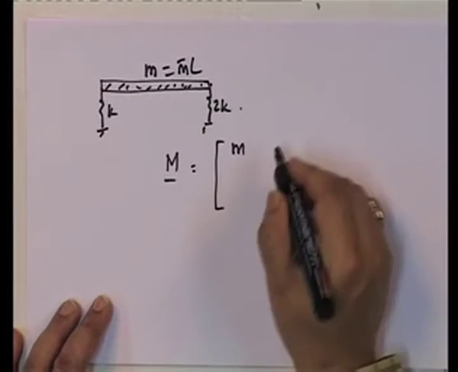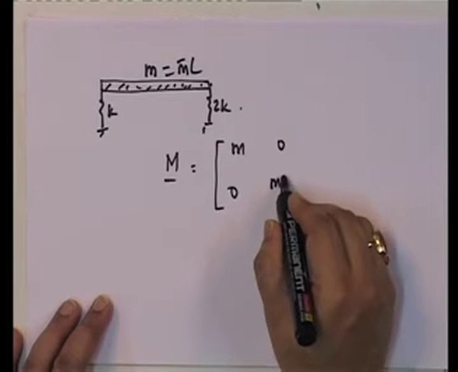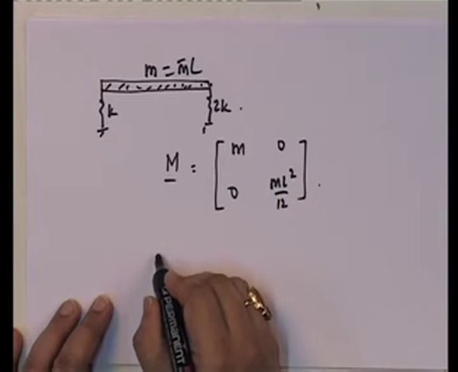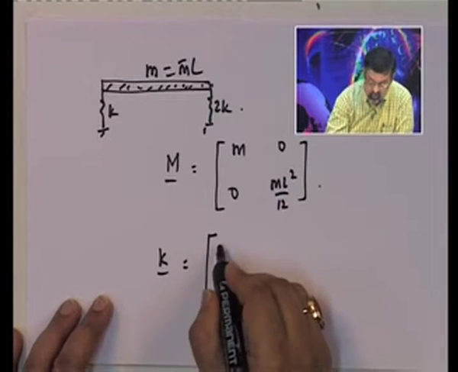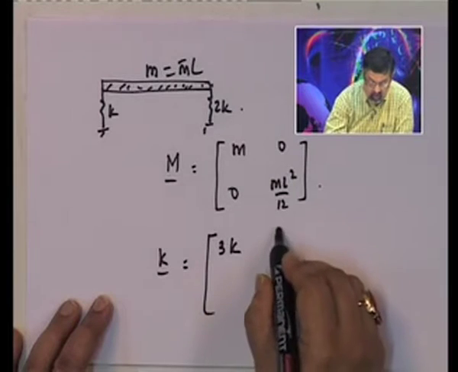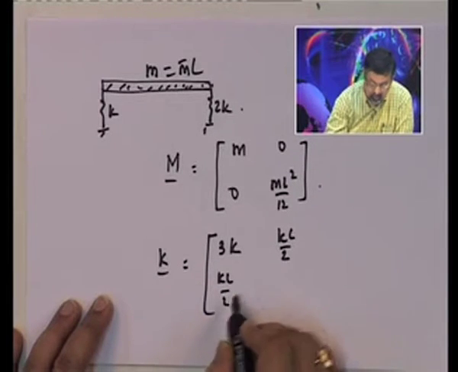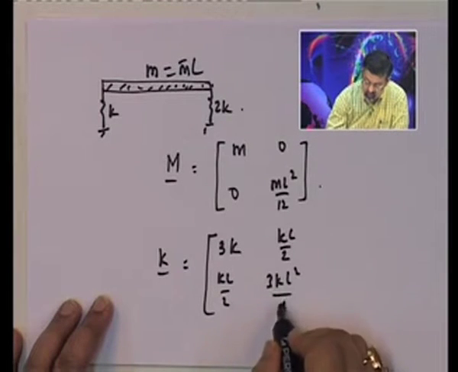I keep repeating that. So, that becomes m L squared. And look back at your k matrix, it is equal to 3k, kL by 2, kL by 2, 3kL squared by 4.